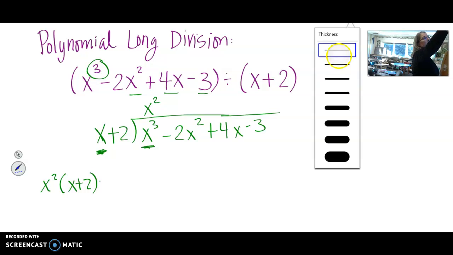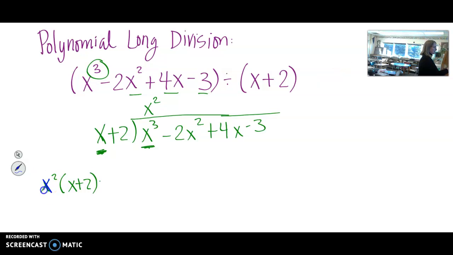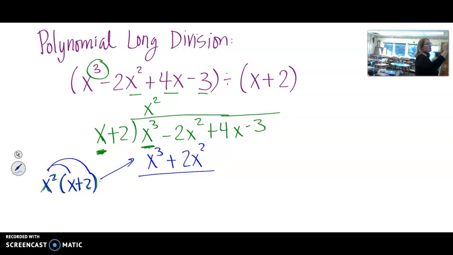I'm going to do some color coding here. So I'm going to take this and write that result right underneath these terms here. So x squared times x is going to give me x cubed. X squared times 2 is 2x squared. And think about what process we use here. We're going to subtract.